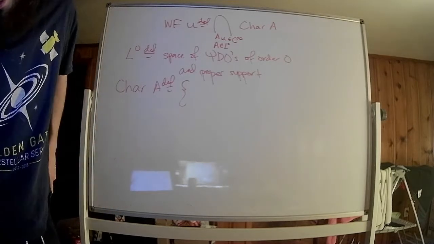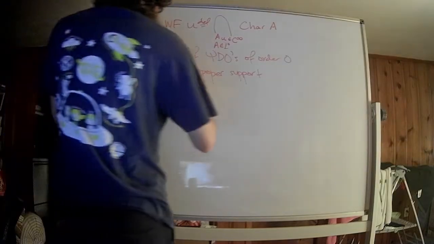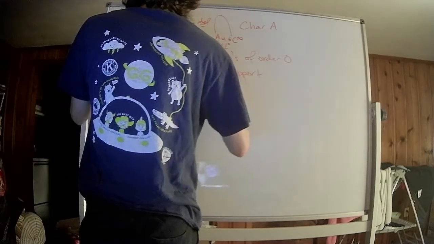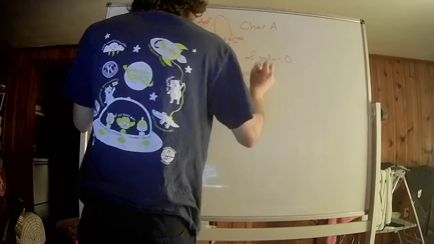So the characteristic set is the set of all (x, xi) in the cotangent bundle of our time space X minus 0. The origin is not interesting.